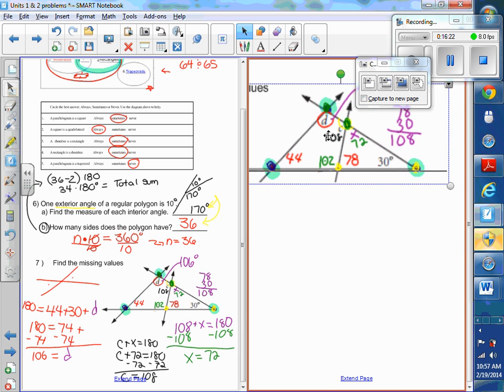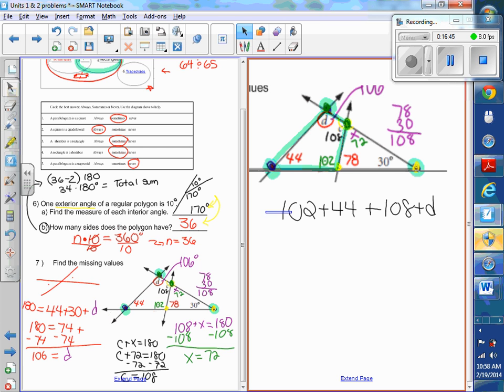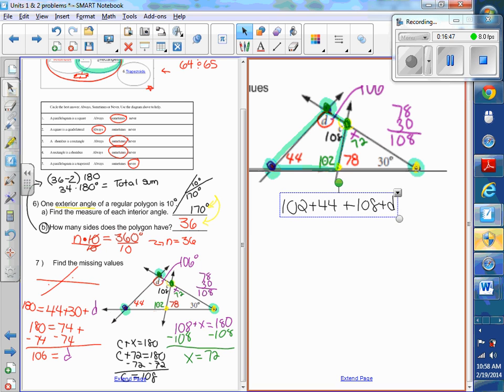If you look at what Caroline was trying to do, she was trying to use the quadrilateral, which does work. So you could have done 102 plus 44 plus 108 plus D, and all of those should add up to 360.